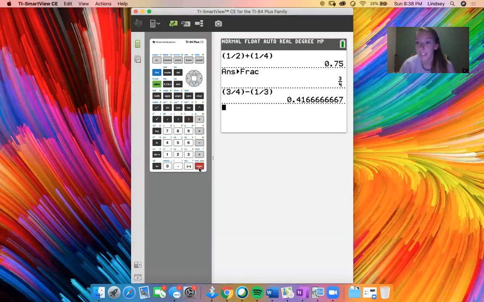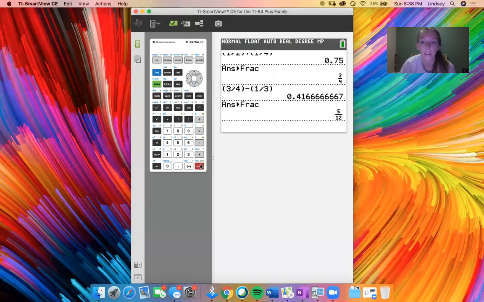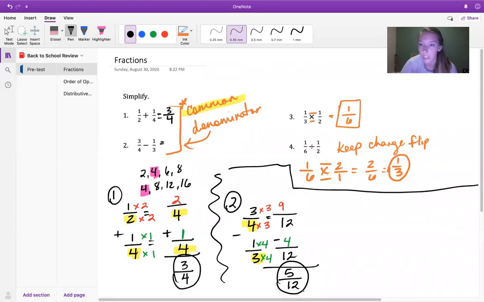See, this is exactly what I was talking about earlier. Sometimes you'll get a really weird decimal and you don't know off the top of your head what the fraction is. So you just hit math, enter, enter, and it converts it to a fraction for you, which once again is the same exact thing that we just got.